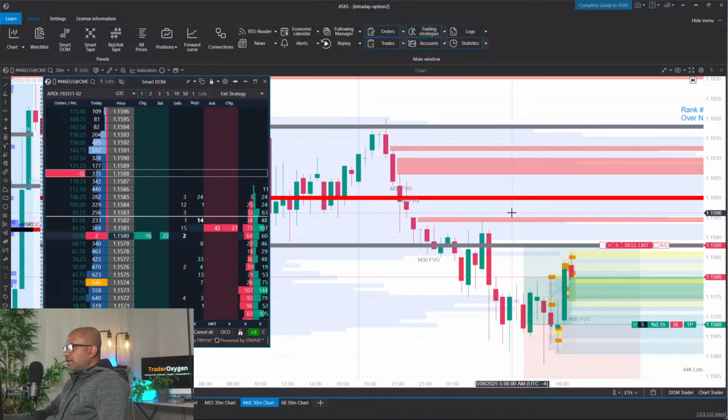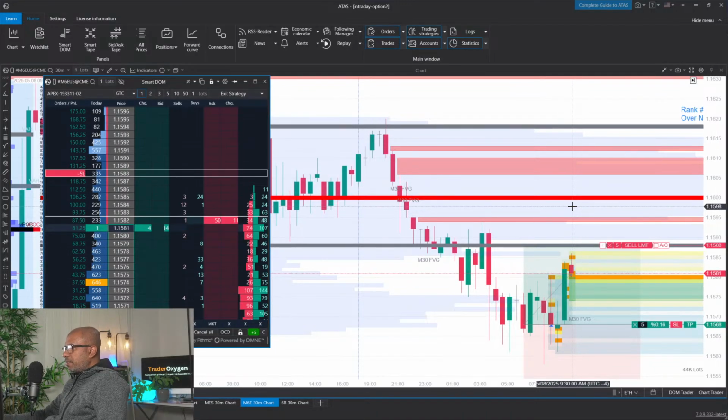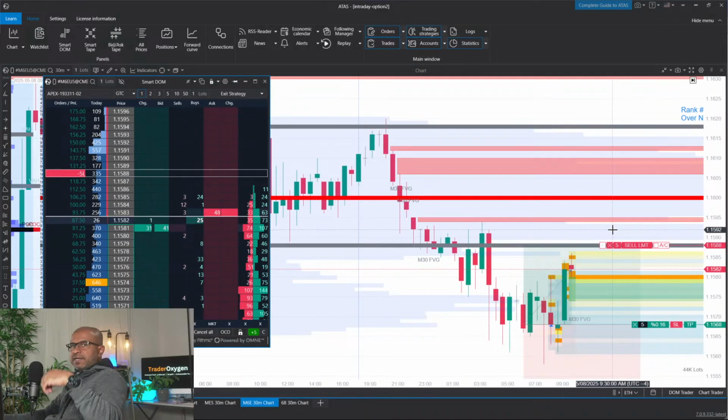New York stock market 9:30 has already started. Excuse me. So it's now New York stock market opening time. That's why the price fluctuated a bit. You can see the price going up and down. Usually those fluctuations happen at stock market opening times.